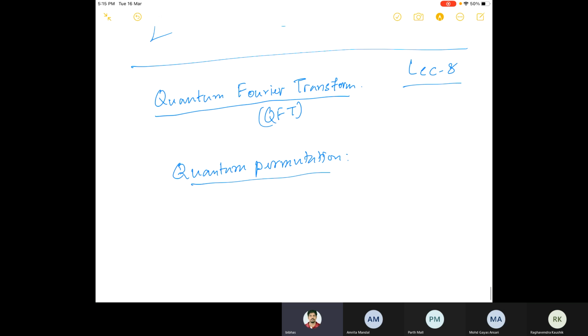So, quantum permutation is nothing but a relation of a permutation matrix. But here, since the input can be in qubits, the dimension of the matrix will be of order 2 to the power n by 2 to the power n.